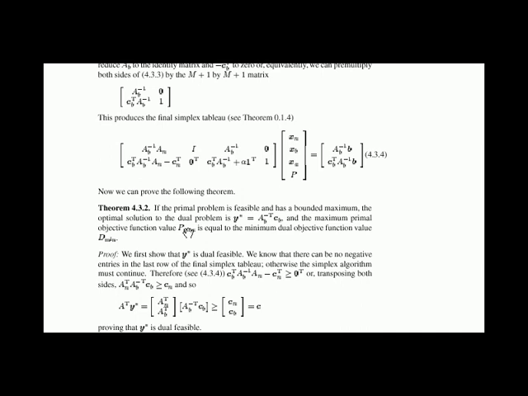Now Theorem 4.3.2, which we're not going to go through the entire proof of, but you can go through it on your own, says that the dual solution y star is A_B minus transpose c_B, A_B being the m by m matrix, the portion of A corresponding to the variables that are in the final basis.